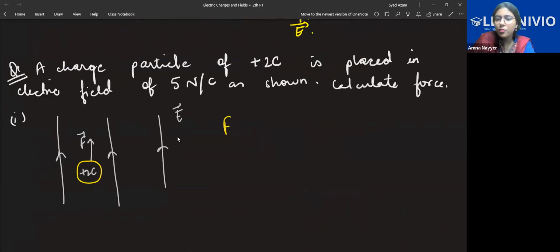So the force's formula: electric field is present, charge is present. What's the formula that connects them? Which formula should be suitable here?